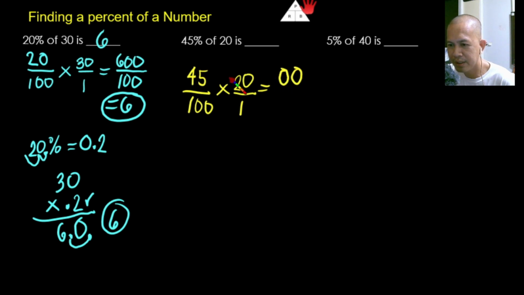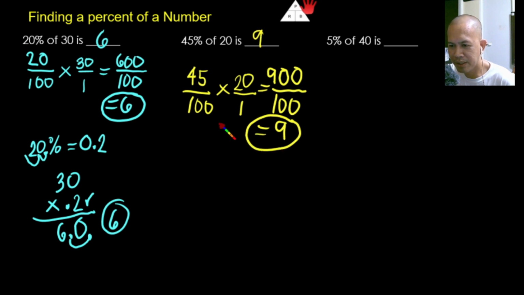Carry 1. 2 times 4 is 8 plus 1. It gives us 9. And 100 times 1, it gives us 100. And then how many hundreds in 900? It gives us 9. So 45% of 20 is 9.